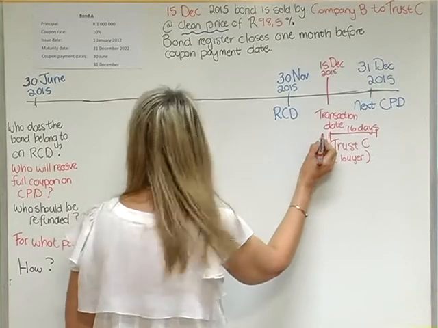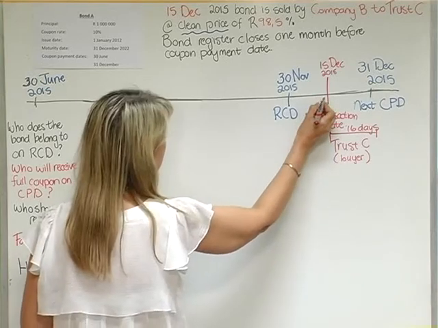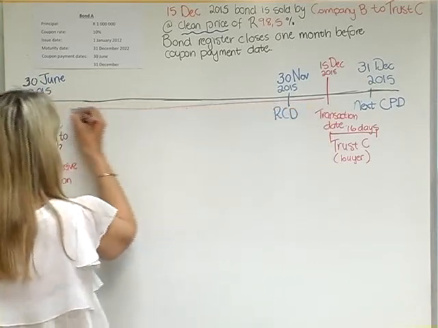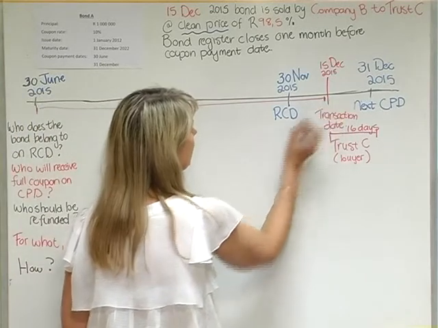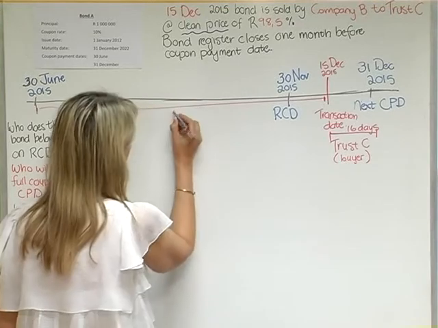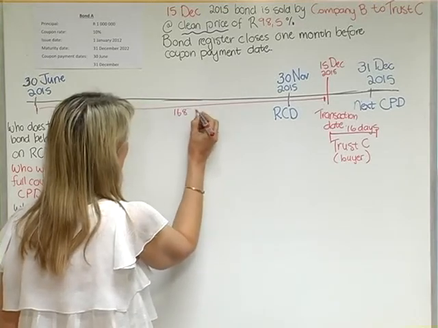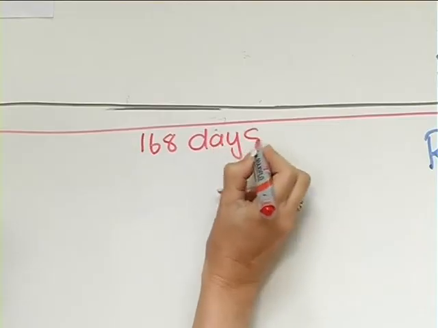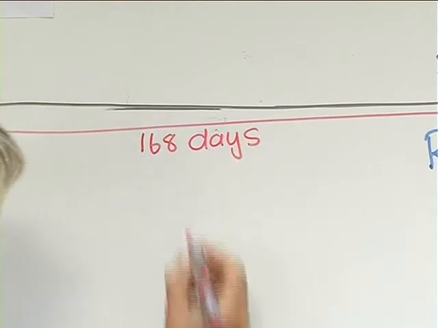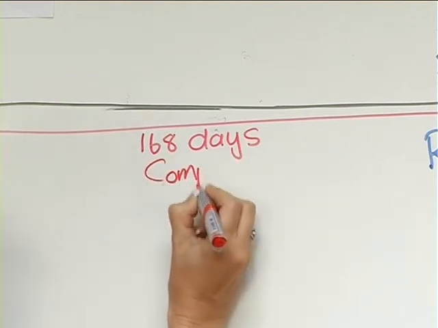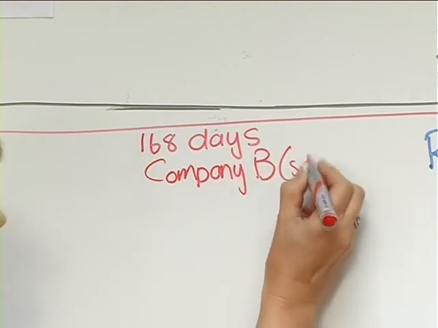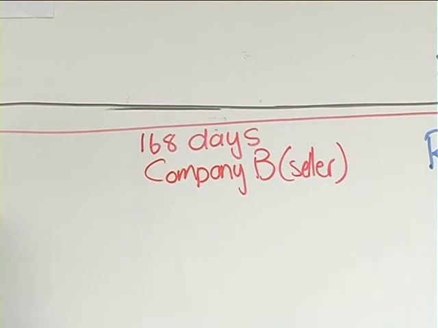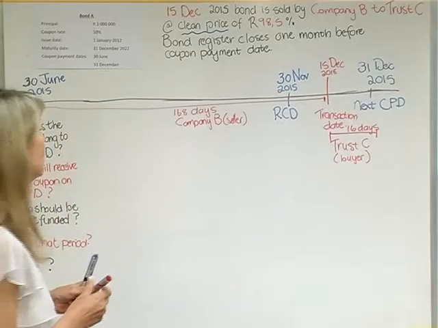And for this long period, from 30 June until 15 December, a period of 168 days, it belonged to company B, which is now the seller.